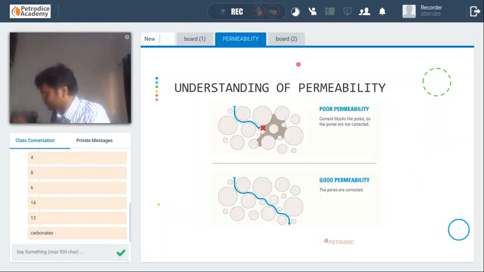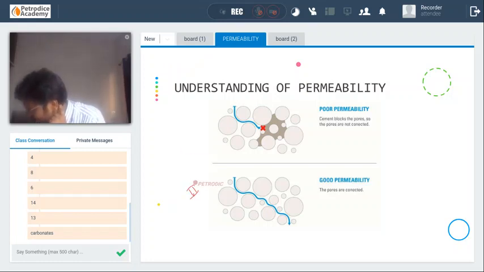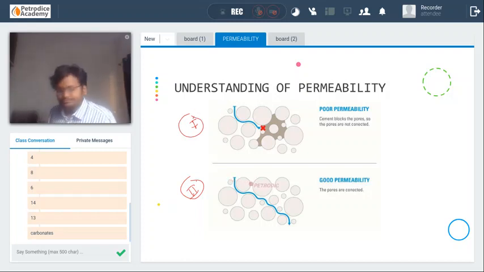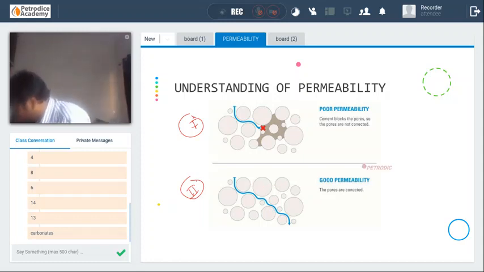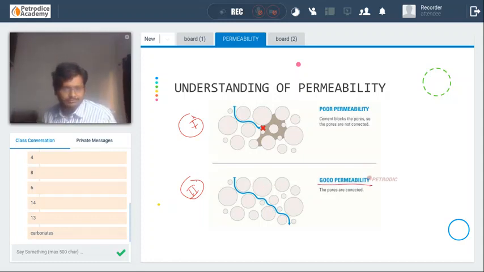See, you can see here, in the second system, the connected pores are very, very good. The pores are well connected, so this rock system has good permeability. If we consider the first system, cement is present in the pore spaces.